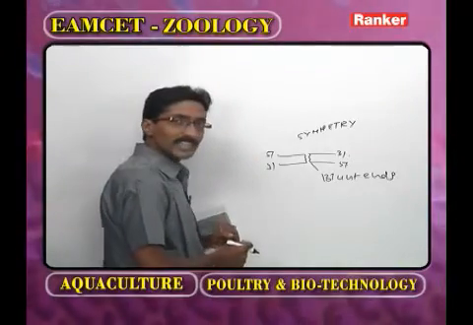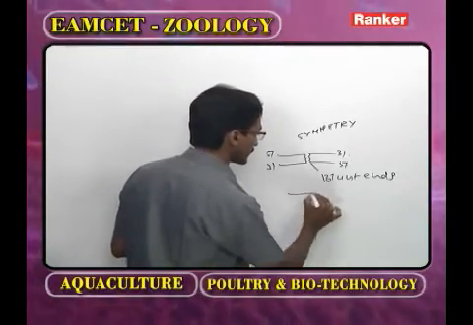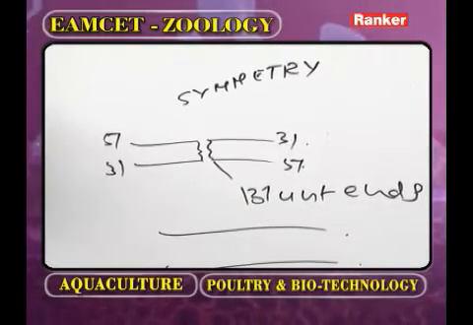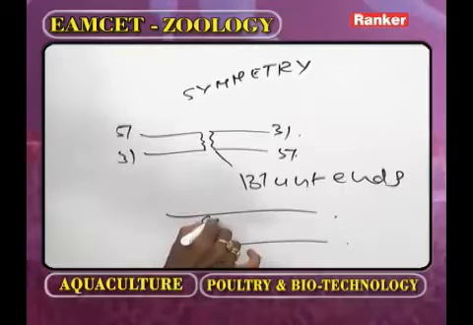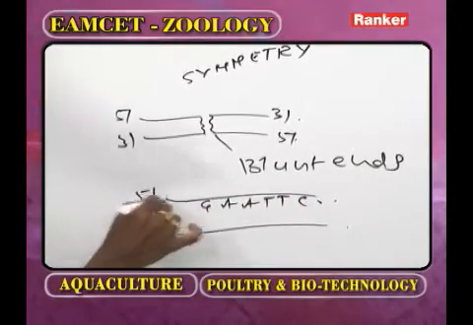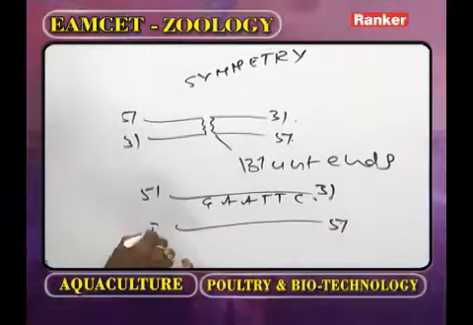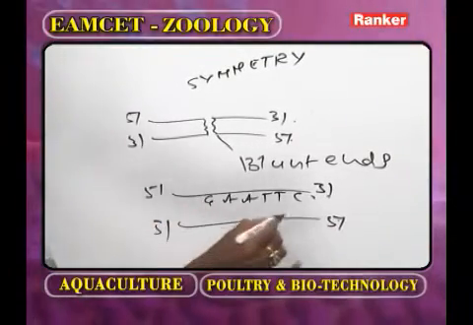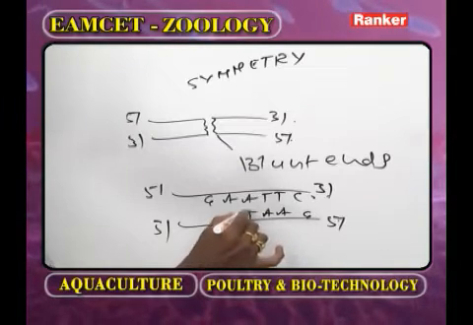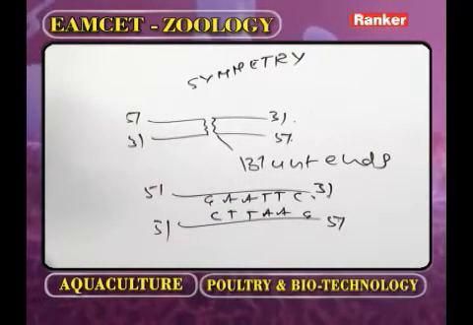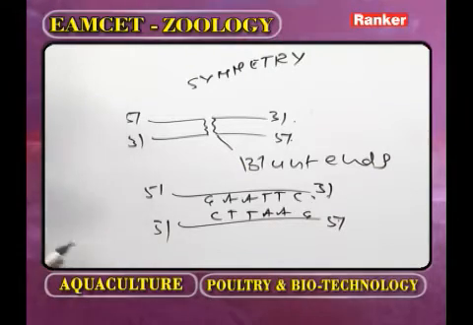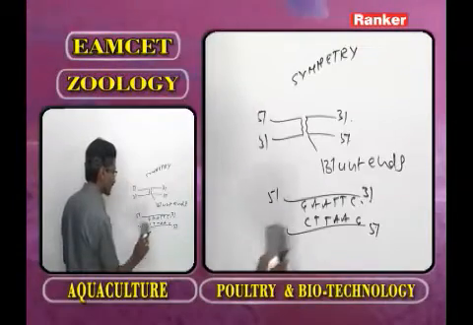But as we observe the restriction endonuclease enzymes, this is G, A, T, T, C. This is one strand, and this is another strand. Now what is the complementary for this? G, A, T, T, C. Restriction endonuclease enzymes cut the DNA strand in a palindrome sequence.